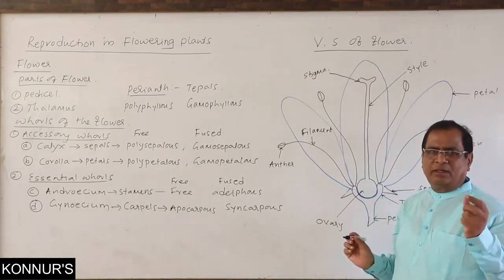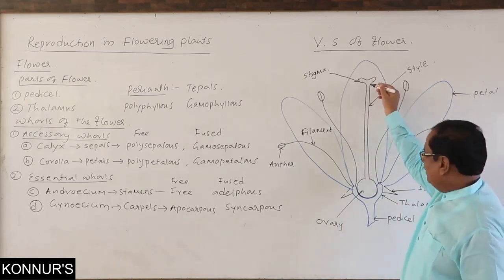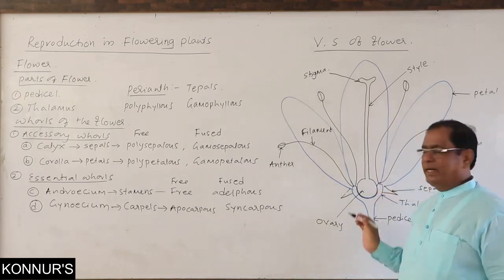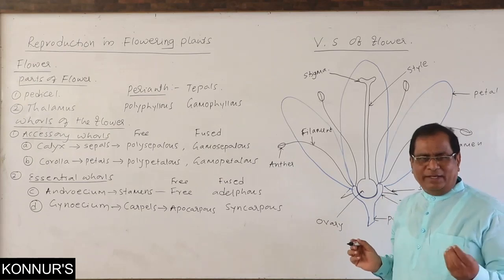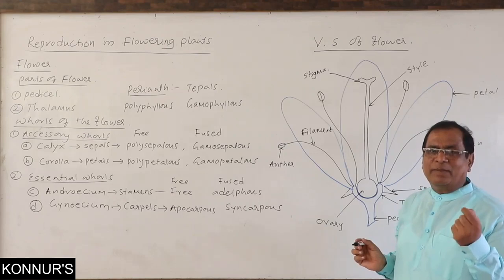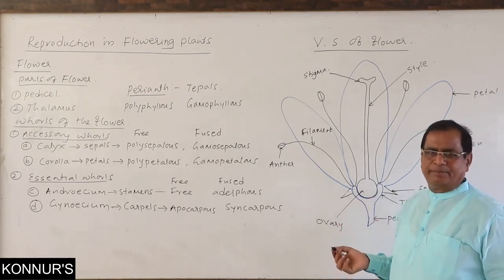The stigma is the part which receives pollen grains, and they pass through the style and go to the ovary. In the ovary we find ovules. In the ovule there is an egg, the female gamete, where fertilization takes place.